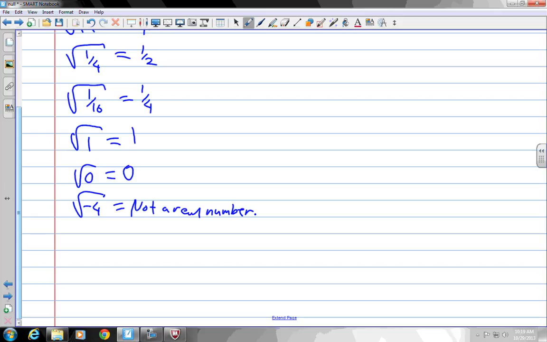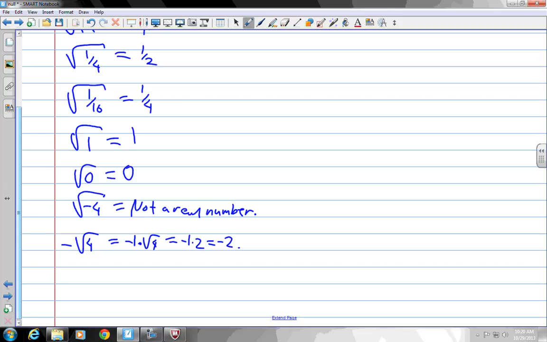But what if I ask you, what is negative square root of 4? Negative 2, because that negative has nothing to do with the square root. That really means negative 1 times the square root of 4. And square root of 4 is 2, so we end up with negative 1 times 2, or negative 2. So the square root still produced the positive answer, but the negative sign was there to begin with.